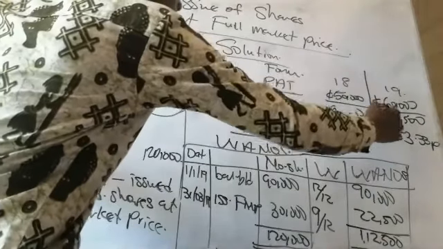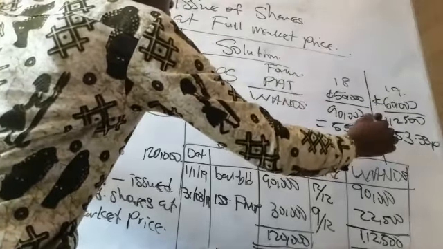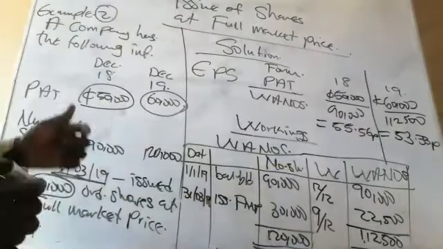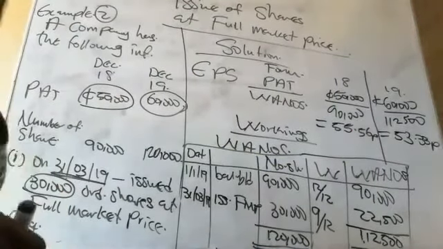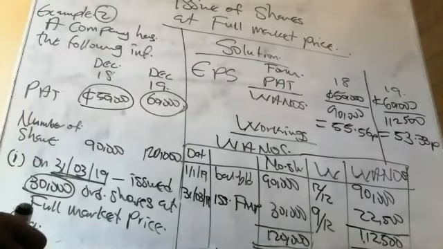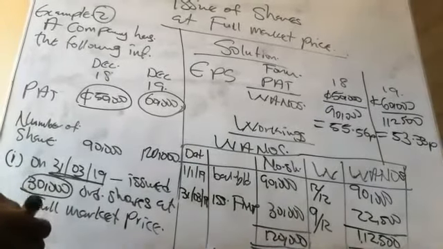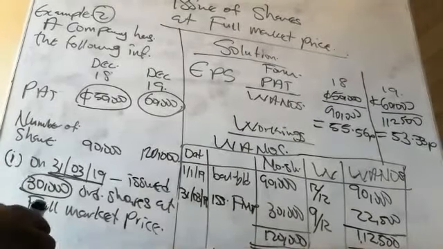So that's for 2018. We are done with the earnings per share. So basically, this is how issue of shares at full market price affects earnings per share.